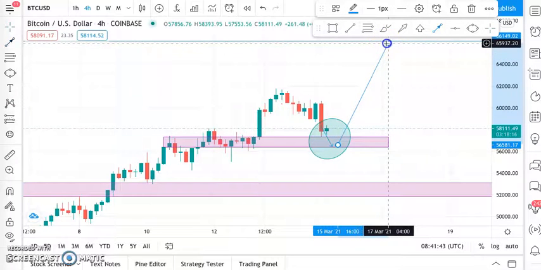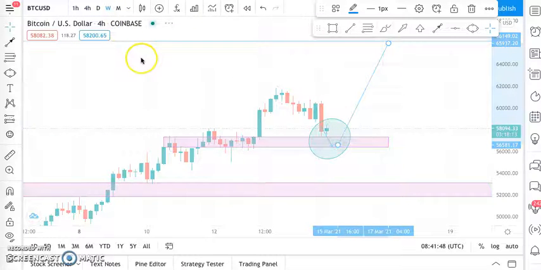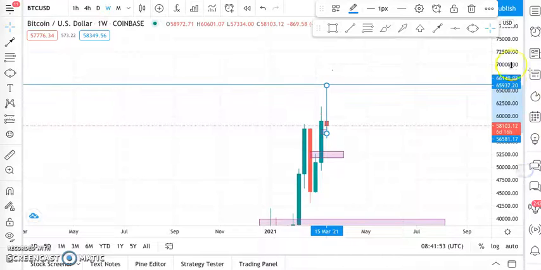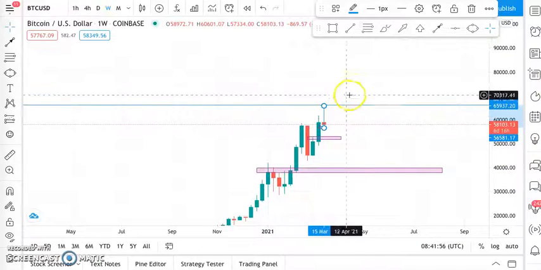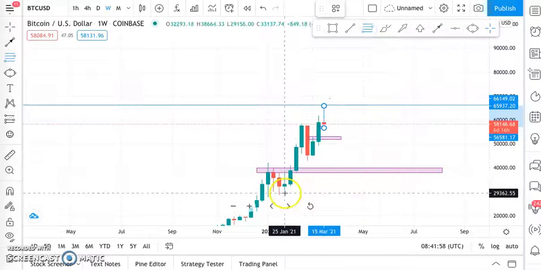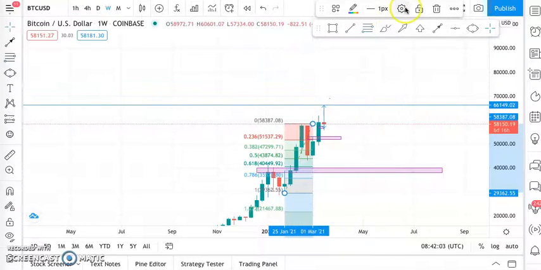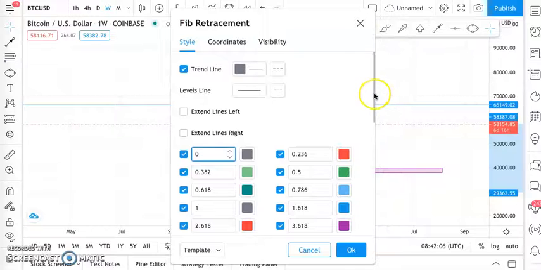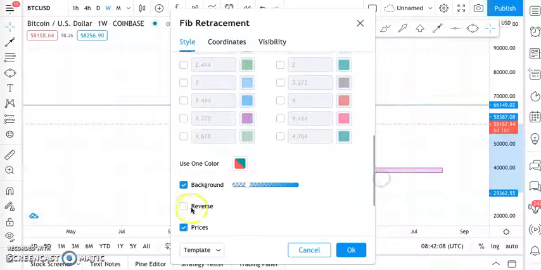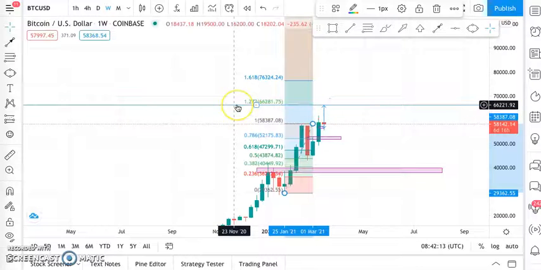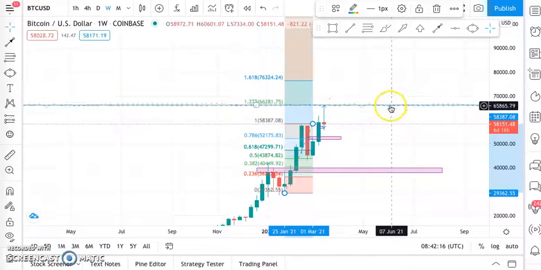Now, let me just quickly show you that using the Fibonacci retracement tool. If we draw our fib again, we can see here that from here, which was the high, to this point, which was the low, if we do reverse our Fibonacci to find out possible target areas, we can see that this area, which is the minus 272 level, will be the first target area, which coincides with about the 66,000 level.